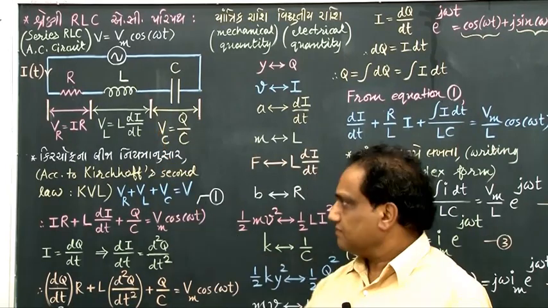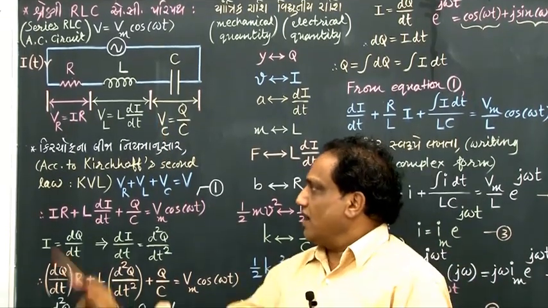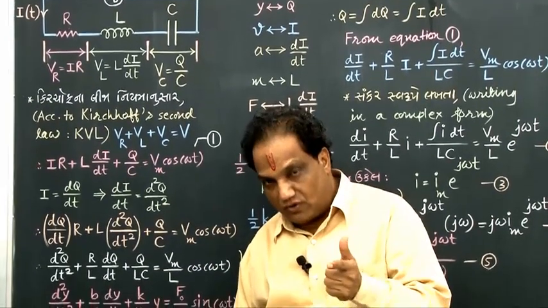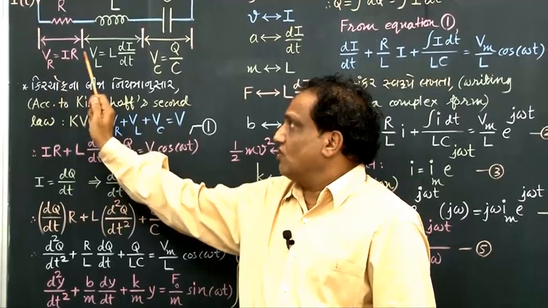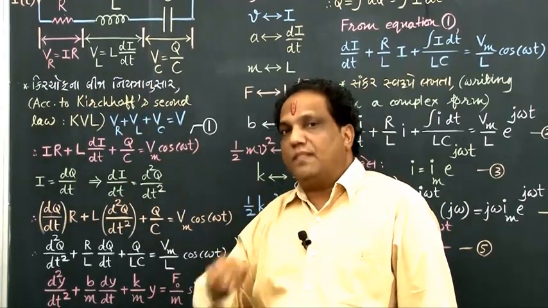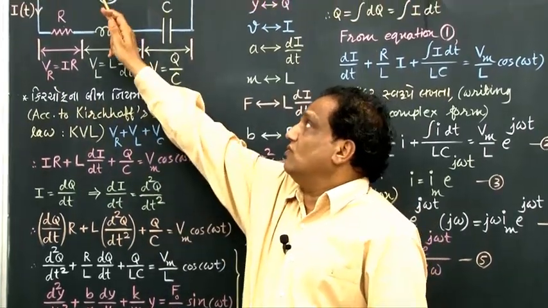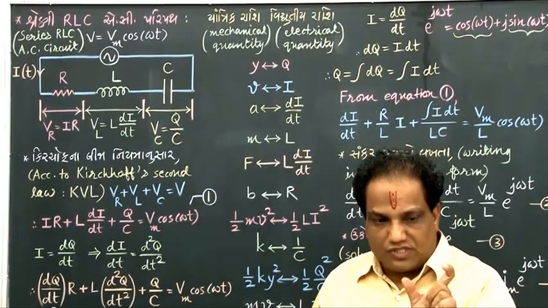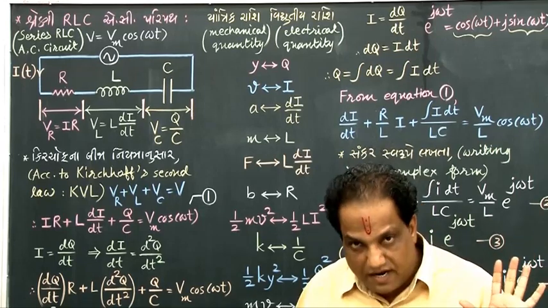Now, according to Kirchhoff's second law, if you make summation of all the three voltages, then you should get total voltage. Total voltage is equal to summation of voltages applied.